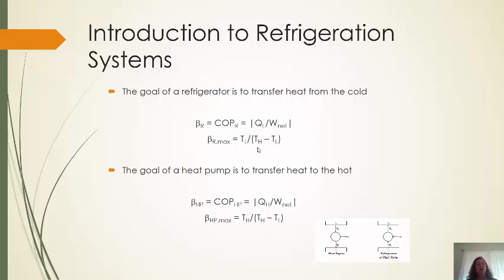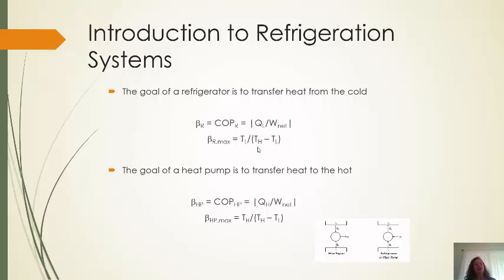In either case the goal is Q sub L, the heat transfer from the cold, low temperature object. The cost of doing this is the net work input. The maximum that this can be is determined based on the Carnot cycle, and it is TL over TH minus TL, where all of those temperatures are absolute.